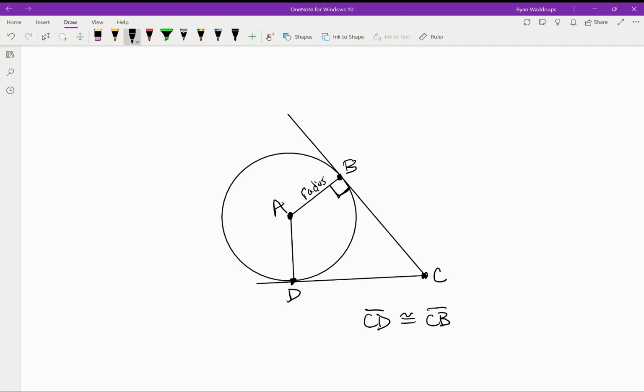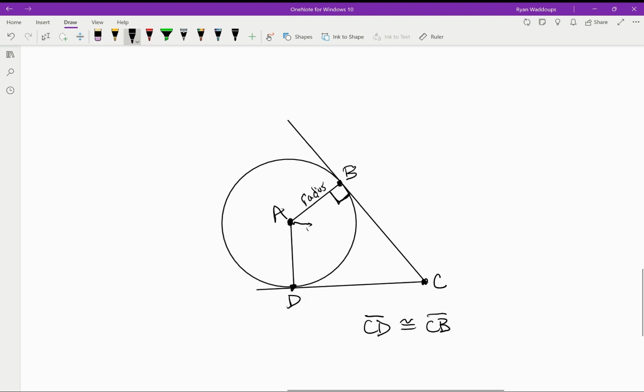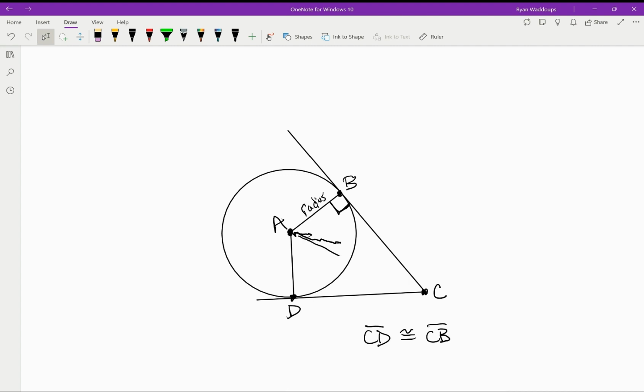But then if I go ahead and extend a segment out from A, not very nice looking there. Let's try that again. A segment from A to C, then we have a right triangle, and we can say I'm calling this angle B, then this would be little b over here, and that'd be our hypotenuse, and opposite C over here, our radius would be little c, and opposite big A over here would be little a.